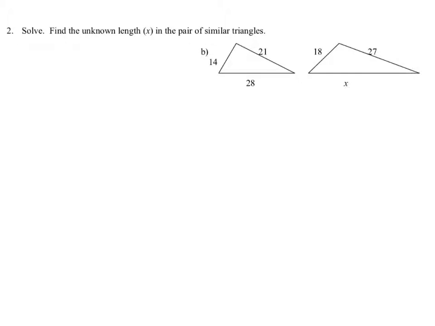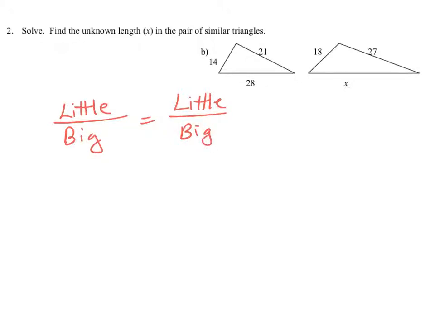We can also use proportions to find the lengths of similar triangles. In this case, our proportion we'll set up is using the length of the little triangle over the length of the big triangle. The corresponding sides is going to equal the length of the little side of the triangle over the length of the side of the big triangle, making sure that we're using the similar sides of the similar triangles.